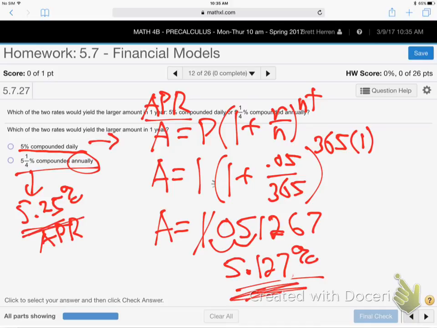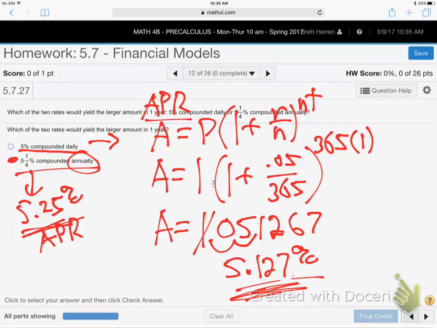Which one's better? Yeah, the bottom one, that's the larger amount, 5 1/4. The daily compounding makes it grow a little bit, but it doesn't pass 5.25. So whenever they want you to compare rates, they're basically saying do APR. That's how you know how things really compare, because that tells you the real effect on the money after a year.